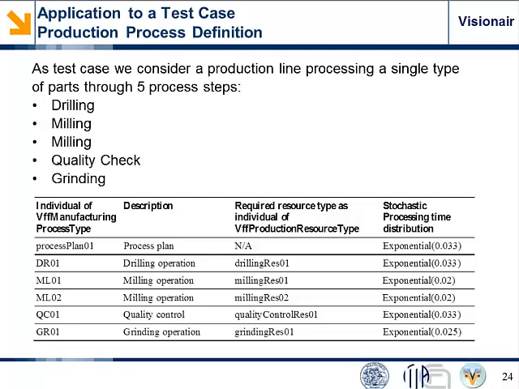Those 5 process steps are a drilling operation, 2 milling operations, a quality check operation, and a final grinding operation. Here I have a table representing all the different operations with the associated processing times. They are stochastic, and here I'm defining the different kinds of resource types able to provide that kind of service.